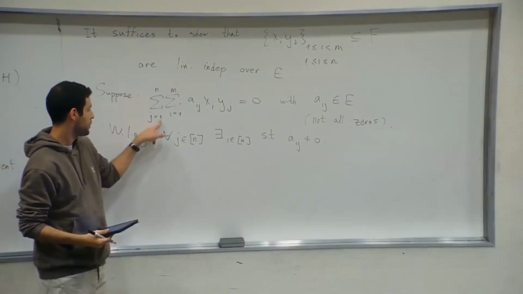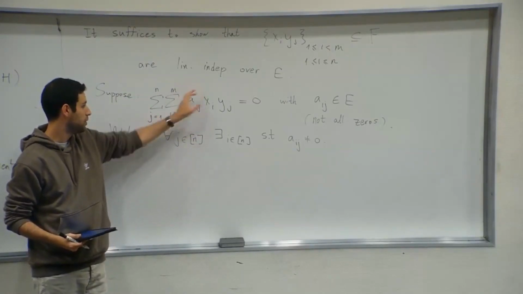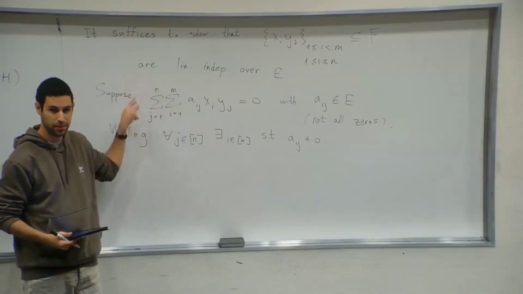So right, if for some j, all the coefficients aij are all 0, then just omit this j from the summation.